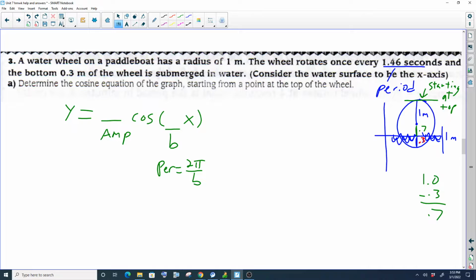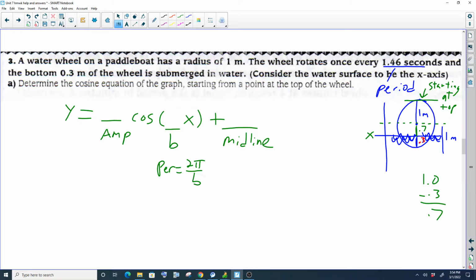And then last but not least, we need the midline. I think we just found the midline. If this is an x-axis, that means 0.3 is submerged below, so the midline is above, which is 0.7.